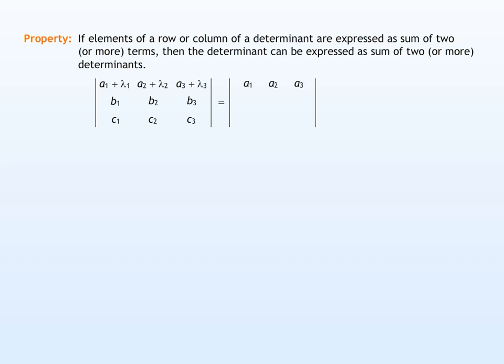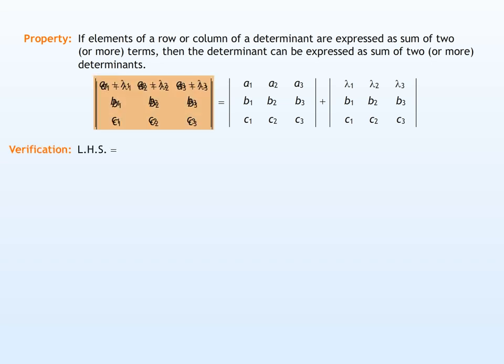First, with row 1, A1, A2, A3, row 2, B1, B2, B3, row 3, C1, C2, C3, and second with row 1, lambda 1, lambda 2, lambda 3, row 2, B1, B2, B3, row 3, C1, C2, C3.